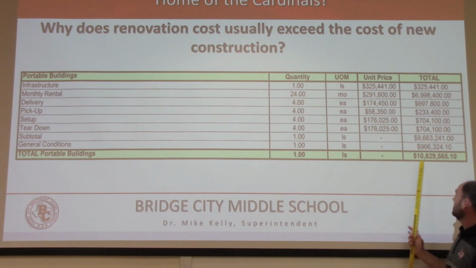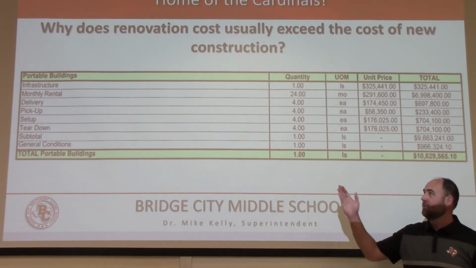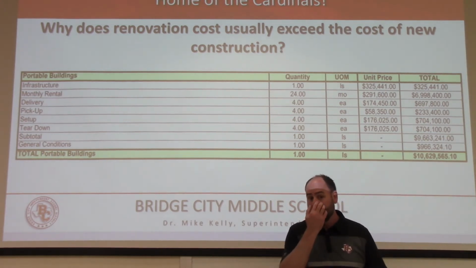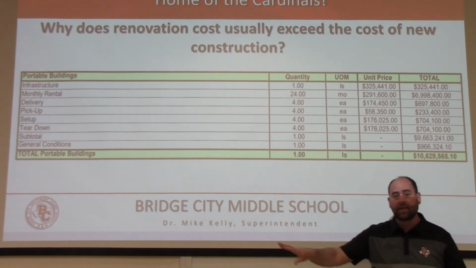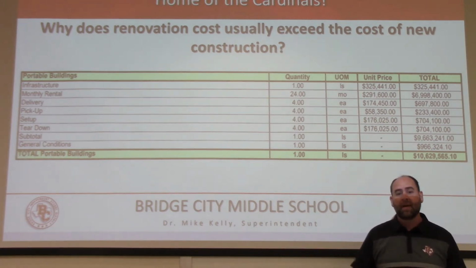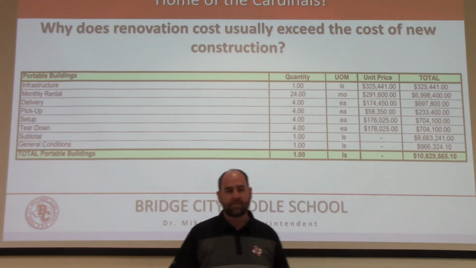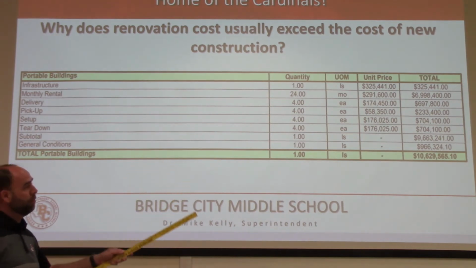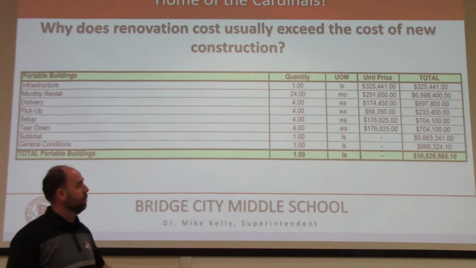For $10.6 million of our taxpayers' money, I don't think we need to look any further past what the renovation cost of that building would be, because $10.6 million for portable buildings that we're just going to give back after 2 years makes absolutely zero financial sense for the school district or for the taxpayers of the school district. But again, this is 30 portable buildings for 2 years while we do the renovations, $10.6 million.